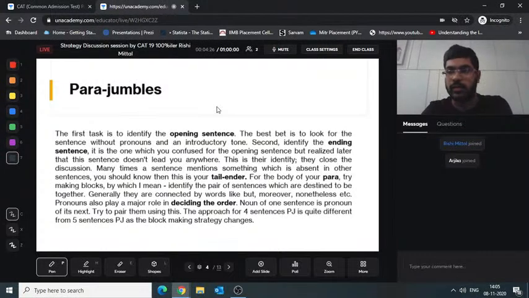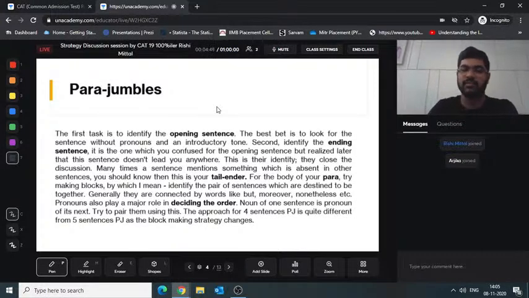So then pronouns play a good role over there. The noun of one sentence is the pronoun of the next. Remember that. There might be multiple nouns and pronouns. So look at the gender, look at the plurality of the pronouns, look at such minute details that will help you actually decide in which order the sentences will come.